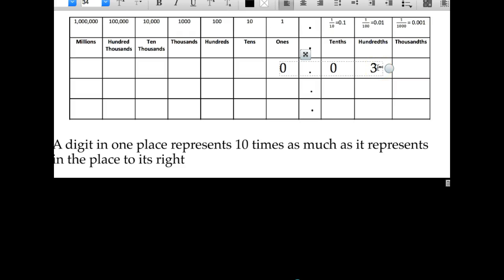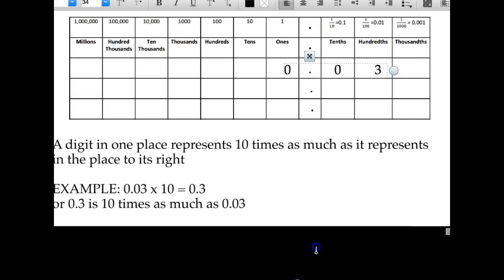This digit in one place represents 10 times as much as it represents in the place to its right. So if I were to move this to the right, it would actually get smaller, because 3 hundredths is 10 times greater than 3 thousandths.